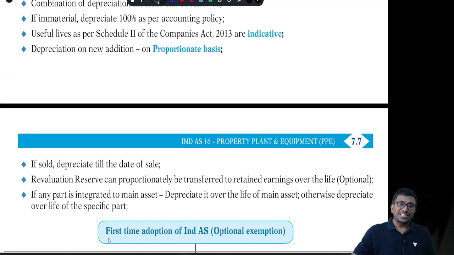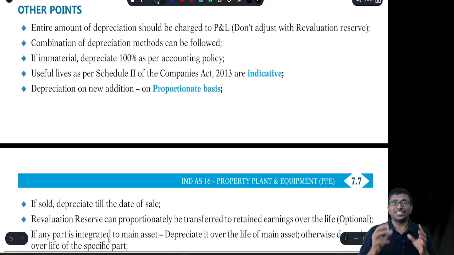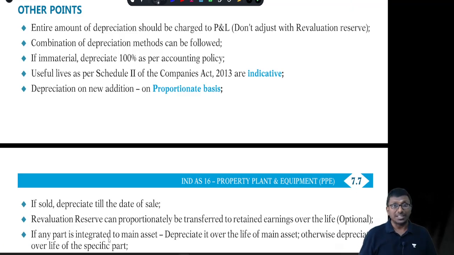Next, if it is an integral part of an asset. There is a big machine and a small machine, both working together. This life is 10 years, this life is 12 years. How do you depreciate the small one? First, we should ask whether the small one is integral. Integral in the sense that it works along with the big machine, and once the big machine's life is over, this also has to die.